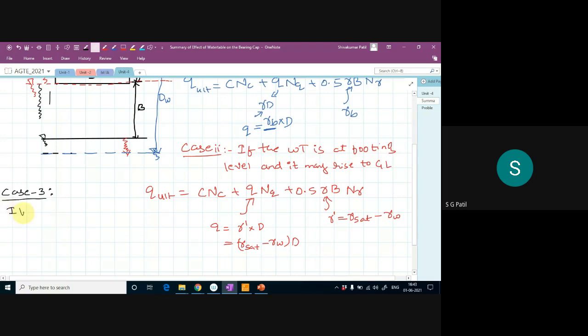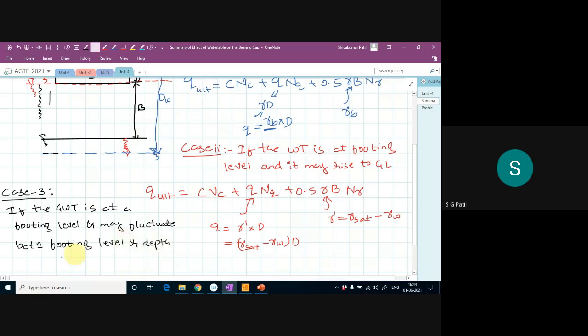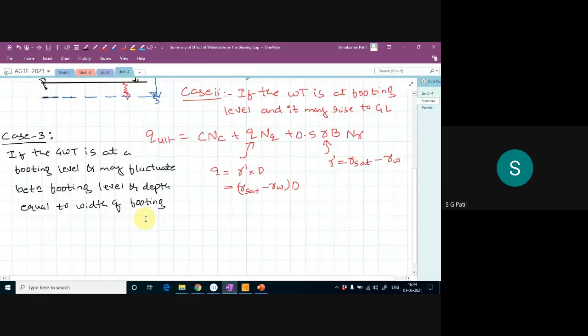So if the groundwater table is at footing level and may fluctuate between footing level and depth equal to width of footing, that means in this region the soil is saturated.